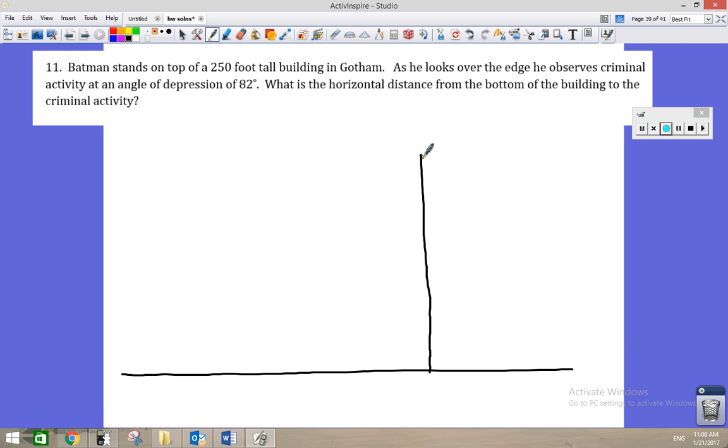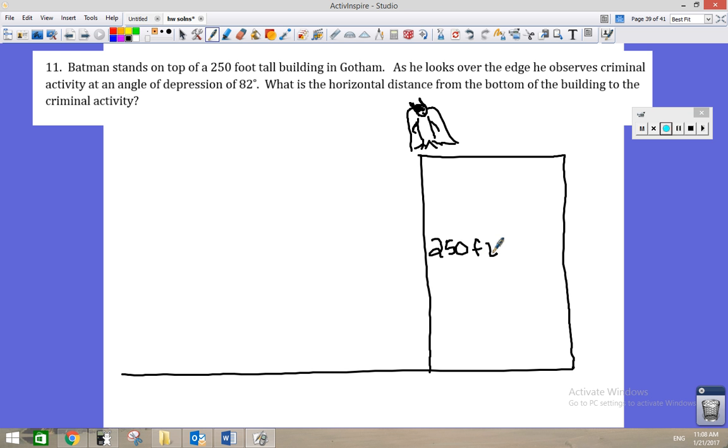So again, we've got Batman, and there's his hood and his cape. So yeah, that's a bad looking Batman. So we've got Batman on the top of a 250 foot building.